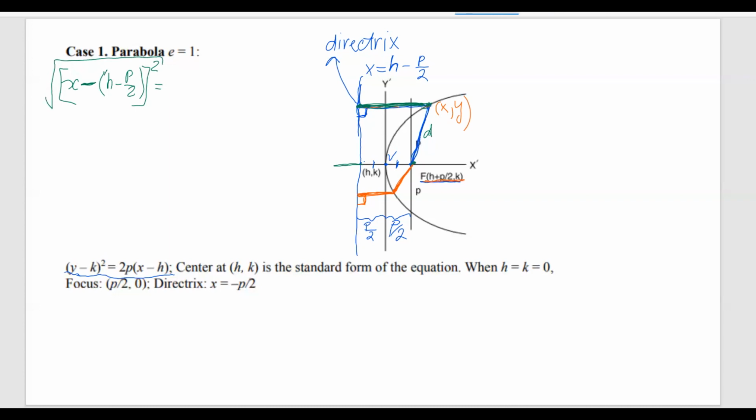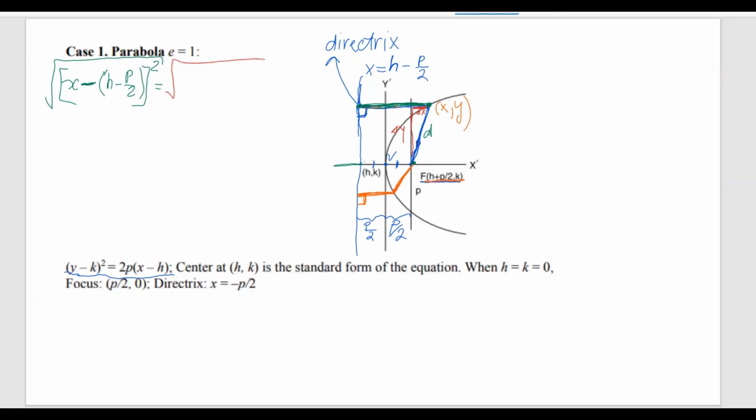Now this is hopefully just the Pythagorean theorem, where we have a right triangle. I'm going to show it here in red. And this is the change in y. This little piece is the change in x. And d is going to be the square root of delta x squared plus delta y squared. So let's write that down.